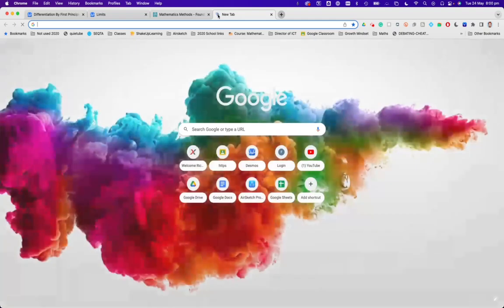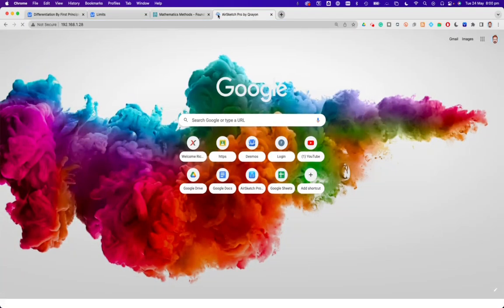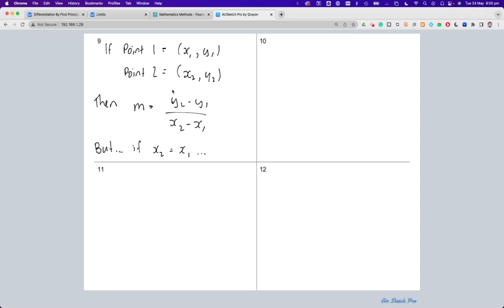So I'll just go to Air Sketch. What we've got here is point 1, which is like x1 comma y1, like 2 comma 4 in the example we had. Point 2 was x plus h comma f of x plus h. But then we let h equal 0 because we slid it all the way back to 0, which means this is just going to be x and this is just going to be f of x.